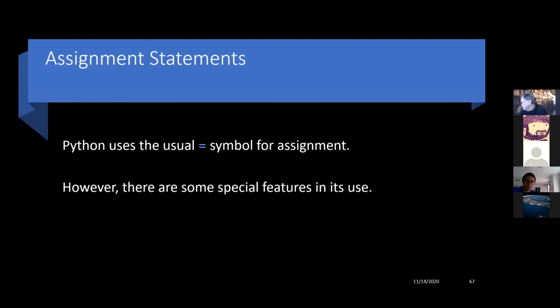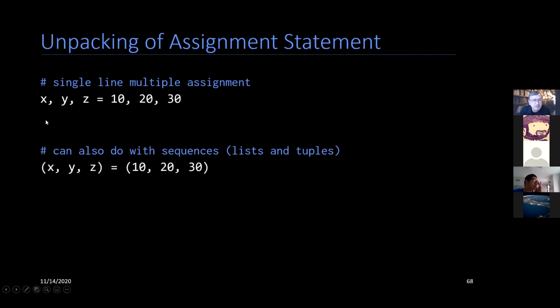Python uses the assignment statement for assignment, but there are some things that are a little bit different. You can say x, y, z equals 10, 20, 30, and it does those 3 assignments at once. So is that good style? Should that be allowed?